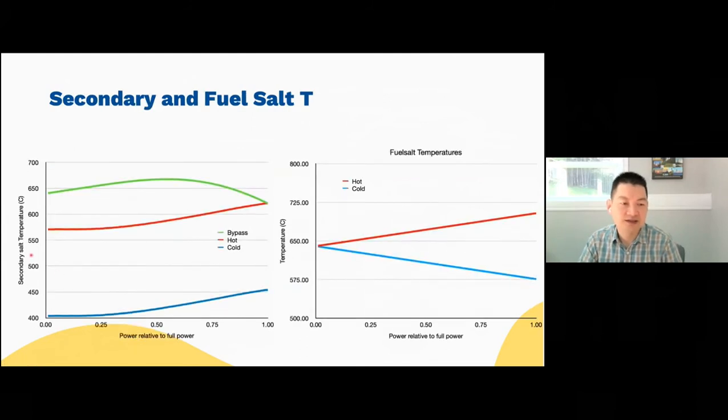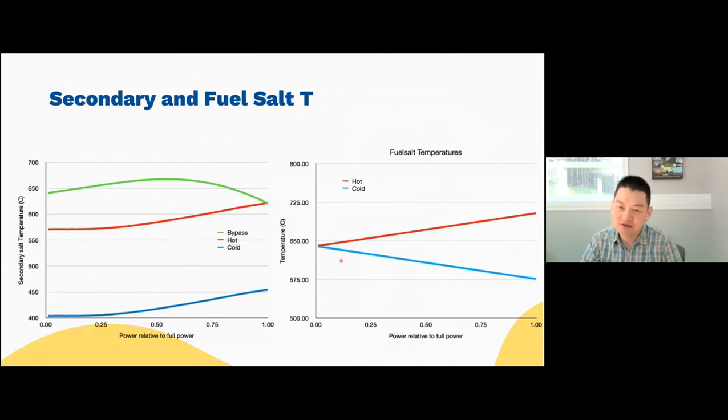And the next one is the secondary salt temperature. The secondary salt temperature increases following the power, but you can see the temperature difference here remains constant throughout the power change. And that means we have to change the flow rate, right? Because the temperature difference is the same, you have to change the flow rate to change the power.